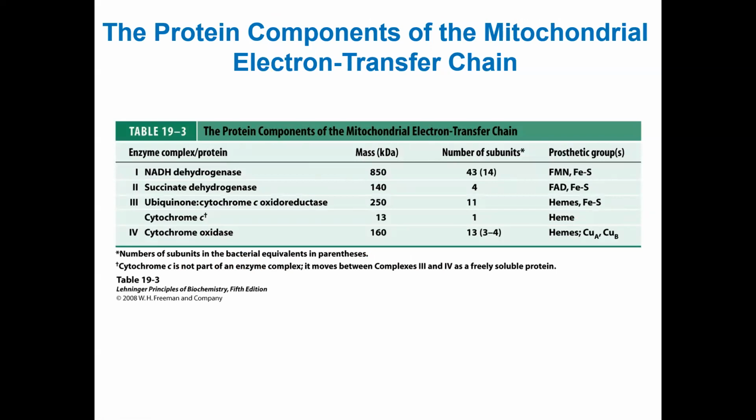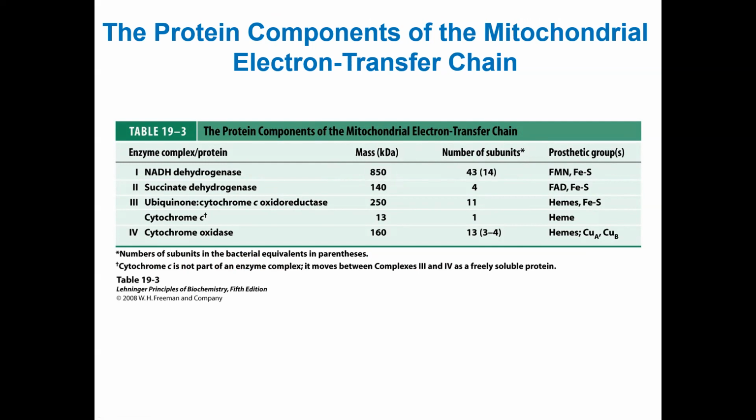What are those 4 complexes? That's what is shown here in this table. Okay, protein components of this mitochondrial electron transport chain are shown here. 4 complexes. First one is NADH dehydrogenase. It's the most massive one, 850 kilodalton molecular mass, and it has 43 peptidyl units. The ones that you're seeing here in parentheses are the ones that exist in the bacterial enzyme.